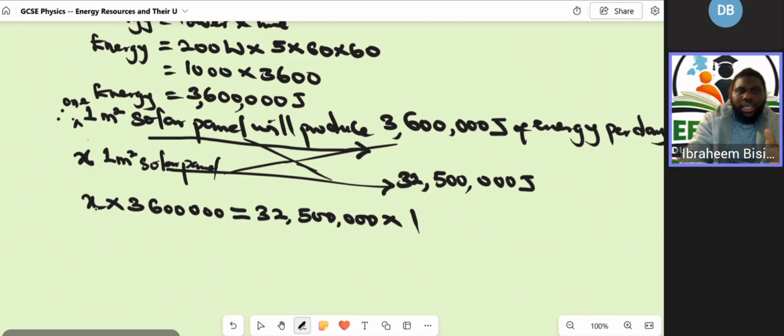So to get our X, we have to divide both sides by 3,600,000.